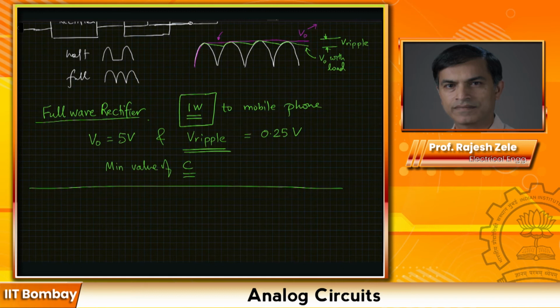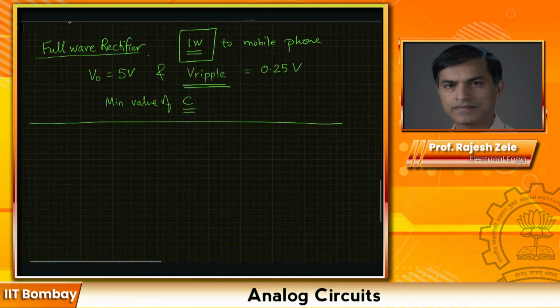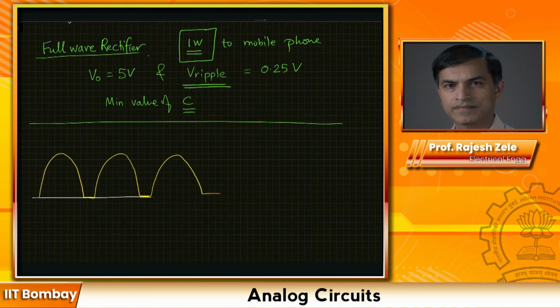let's draw the waveform. The waveform is going to look like this. There will be some dead zone, after which it will again go like this, and there will be a small dead zone. It will go like this. With the capacitor there, we expect the waveform to look like this: from this peak value it will drop a little bit, it will charge again, drop a little bit, and then charge again, and it will keep going.